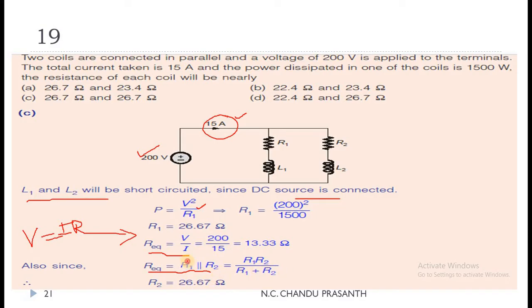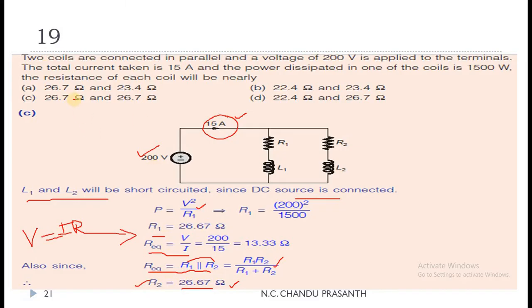When two resistors are in parallel, we have the formula R1 R2 by R1 plus R2. We already know the value of R1, and we now have the R equivalent value. By equalizing and substituting all the values, we can get R2 equal to 26.67 ohms.